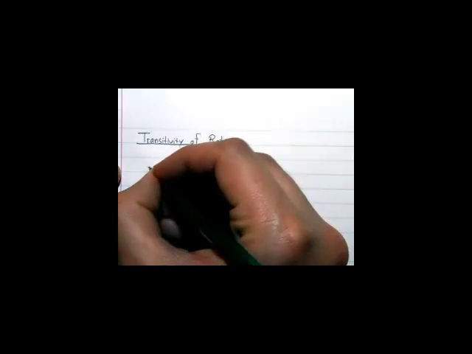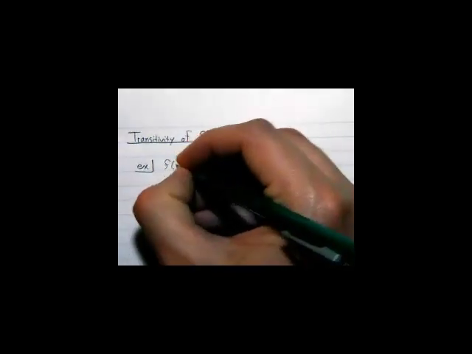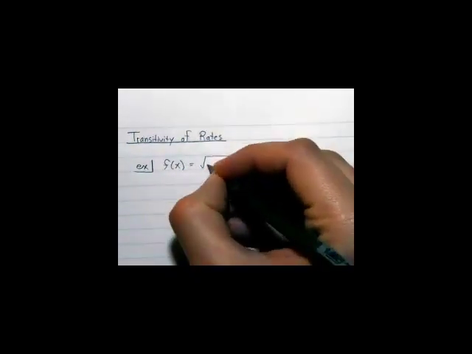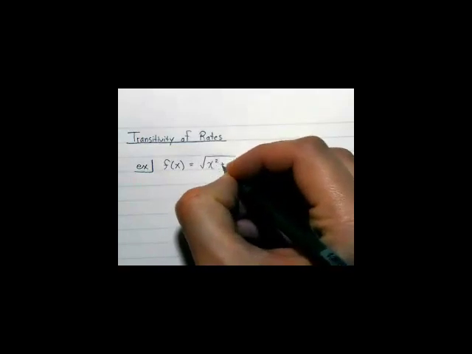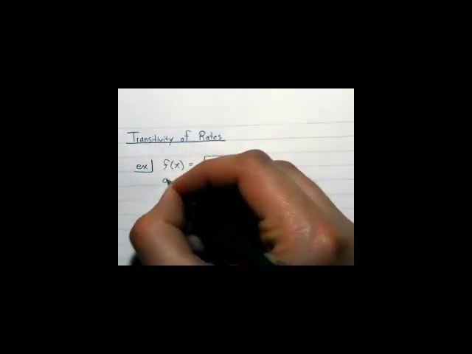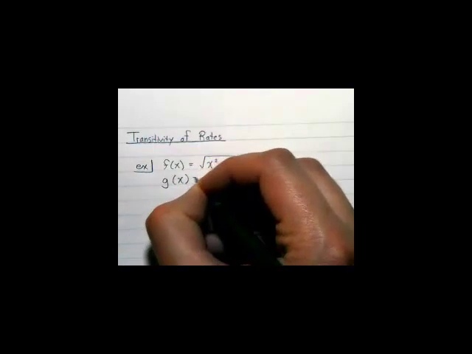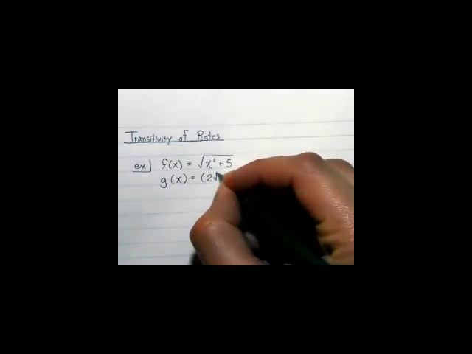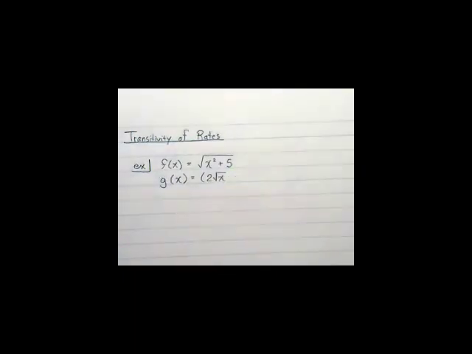So we'll just jump right into this example then. So if we've got, what are the ones I wanted to do? f of x equals the square root of something plus 5, and g of x equals 2 square root x.